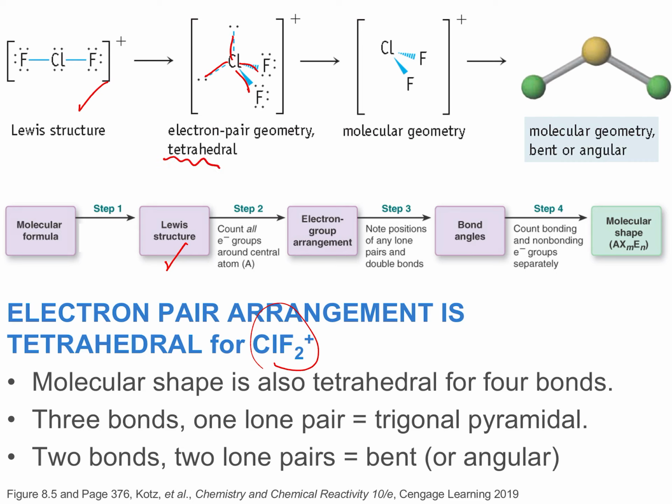That means this is tetrahedral. But now we note the positions of the lone pairs and any double bonds. We only have 2 regions of electron density that are occupied by atoms, so its molecular geometry is bent or angular. This has a molecular shape that involves 2 bonds and 2 lone pairs.